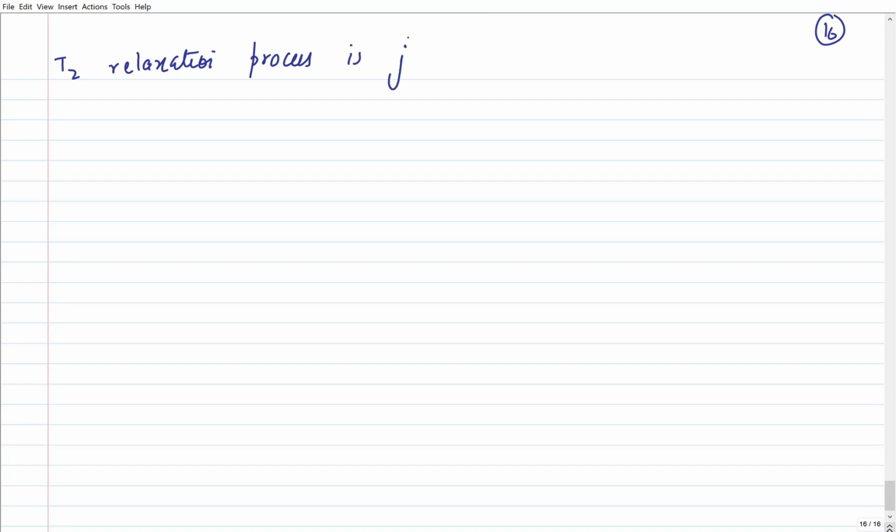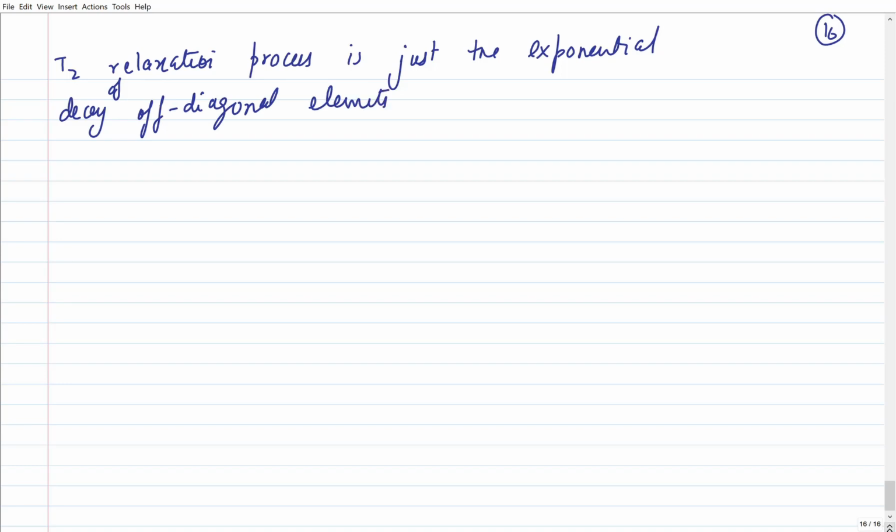is just the exponential decay of the off diagonal elements in the density matrix. We already saw it doesn't cause any energy dissipation, whereas contrast this to T1.